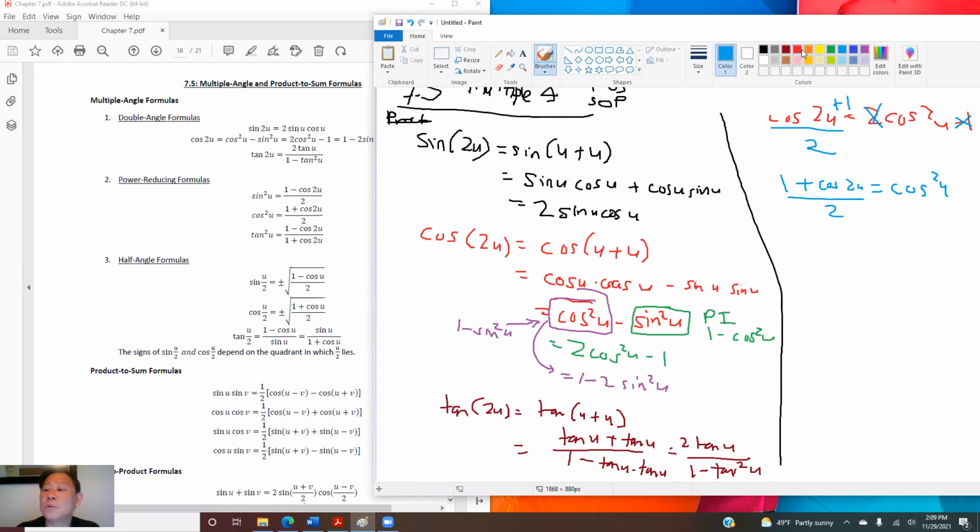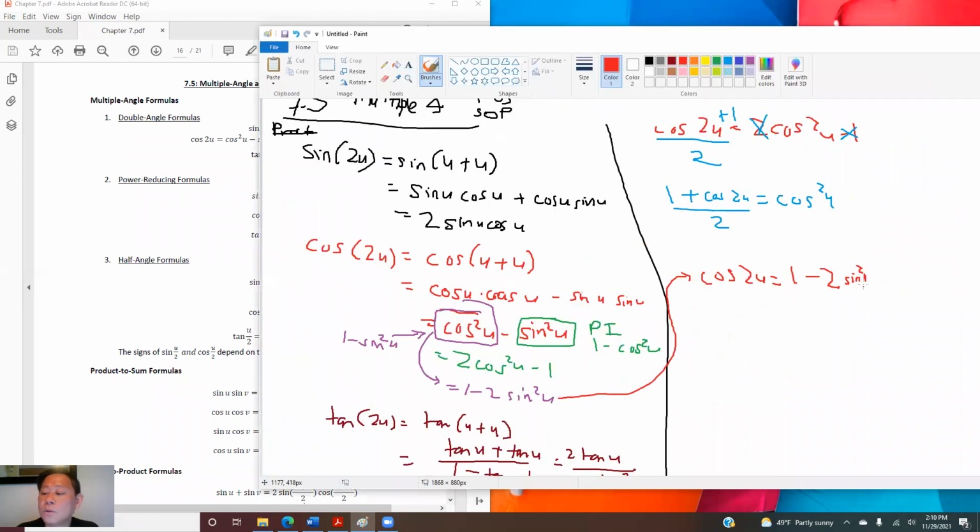And then I also use the other one, which is this one: cosine 2u is 1 minus 2 sine square u. So in order for me to find this sine square u, I again do the same thing. I subtract 1 and then I divide here by -2.